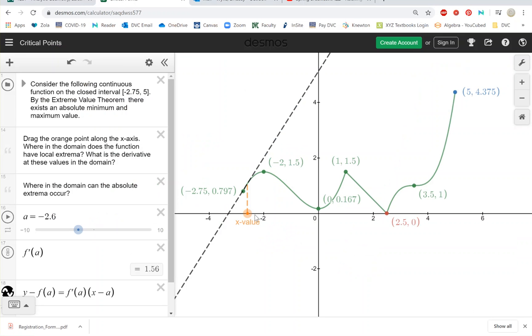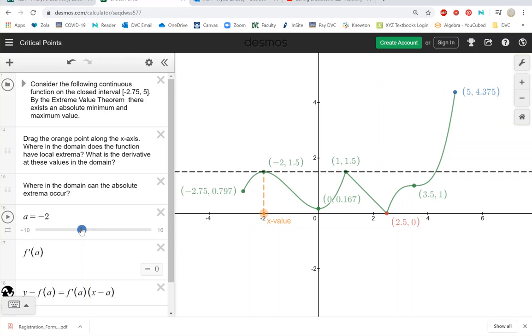Okay, so I am going to just slide this x value along. We've got a function that is continuous on its domain, and its domain is minus 2.75 all the way up to x is 5. So it's going to have absolute maxes and mins. It also has some local ones. Let's see.